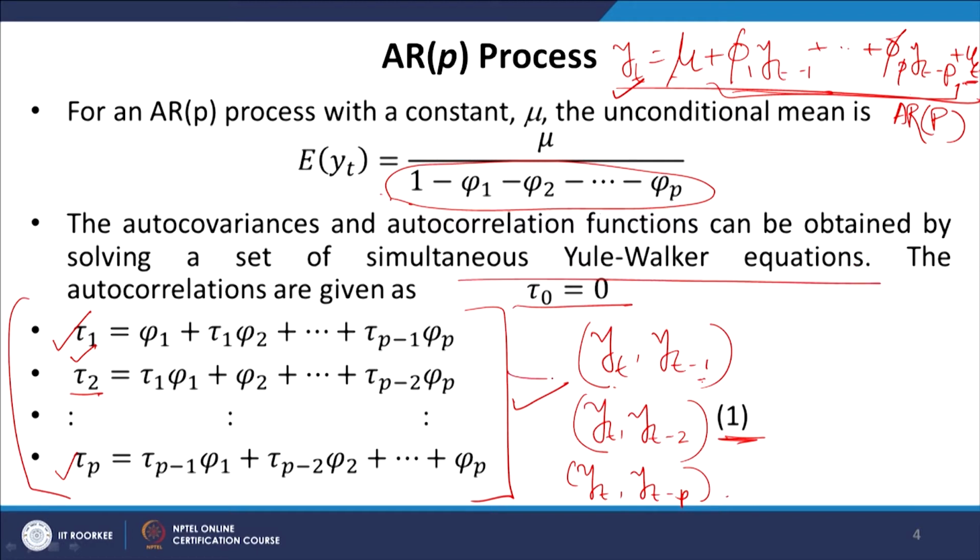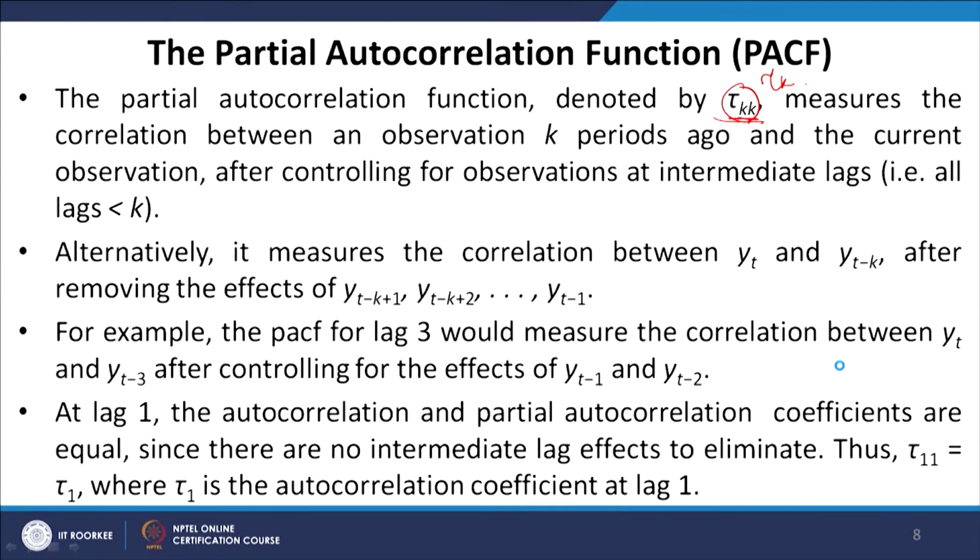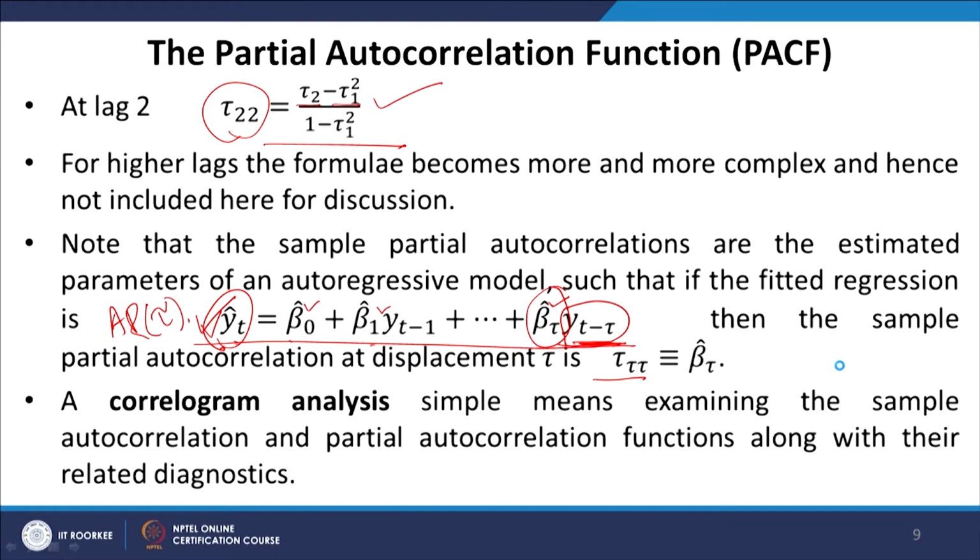We can call it a correlogram, which helps us in calculating autocorrelation functions, and a similar correlogram we can also have for partial autocorrelation functions.